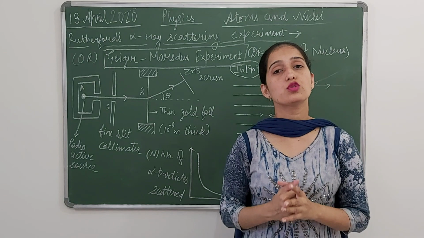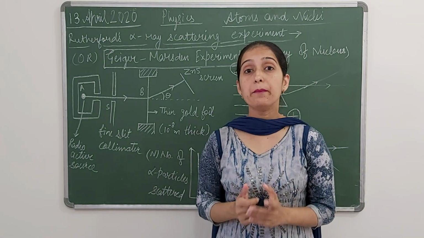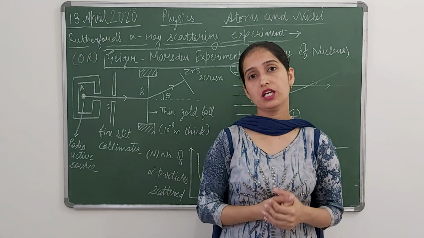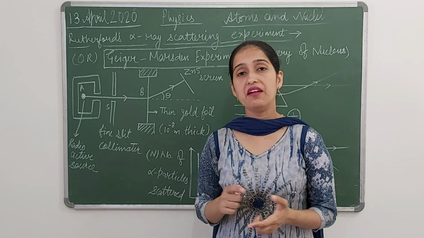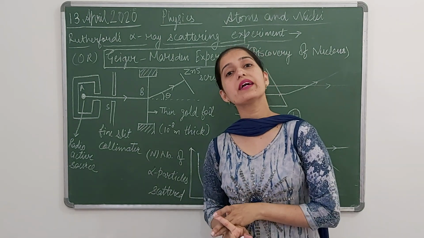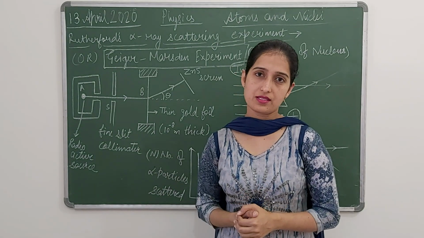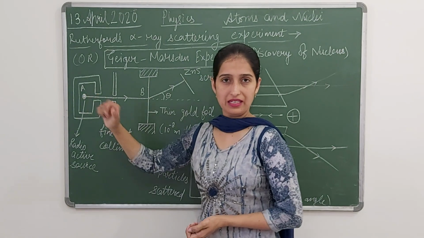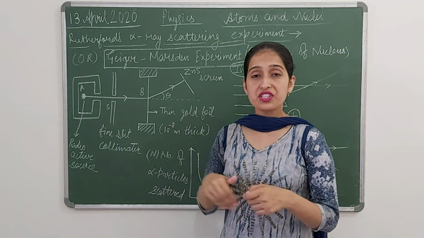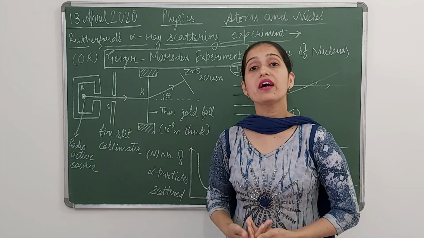Radioactive elements are those elements which emit few radiations continuously, which emit few rays. Alpha decay, beta decay, gamma decay are examples. So, we need a radioactive element which will emit alpha rays.